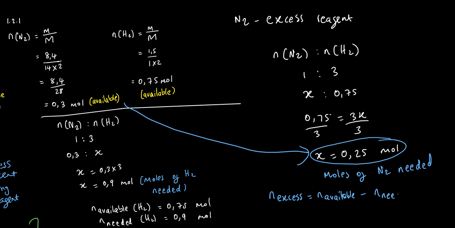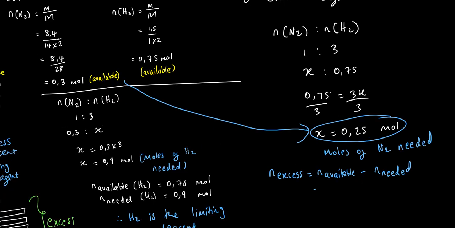So this is the situation here. So this tells us that nitrogen is the excess reagent. We've proved nitrogen is the excess reagent. It's in excess, and 0.05 moles are in excess.